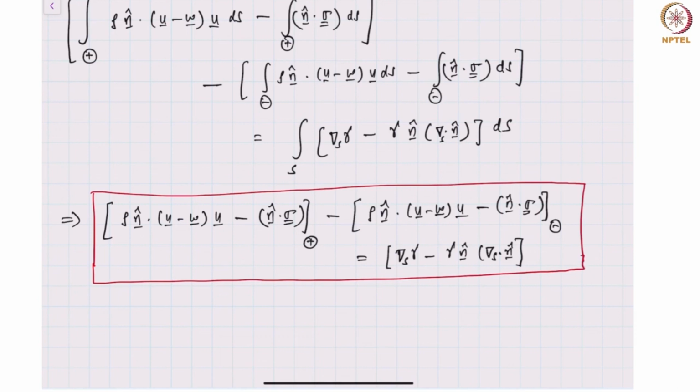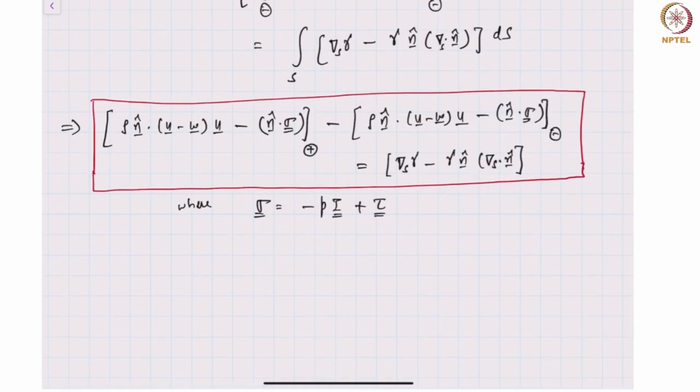In the above expression, the stress tensor sigma has pressure term plus the viscous term of the deviatoric stress. What you have derived here is the jump condition at an interface with surface tension.